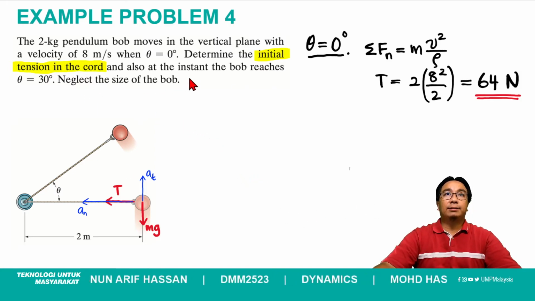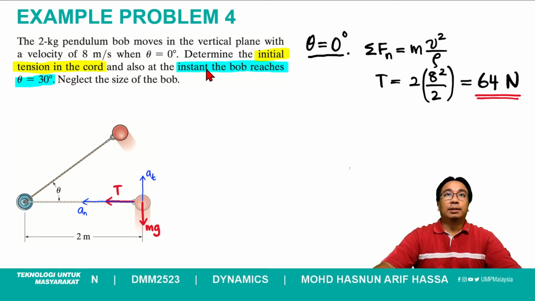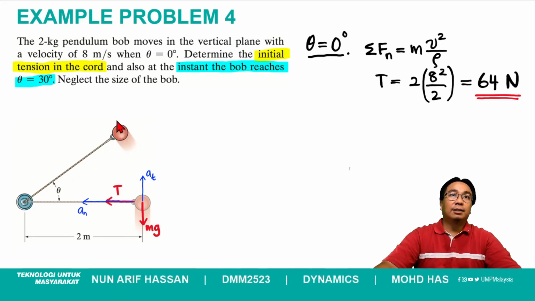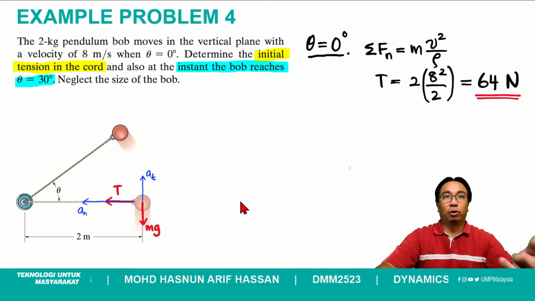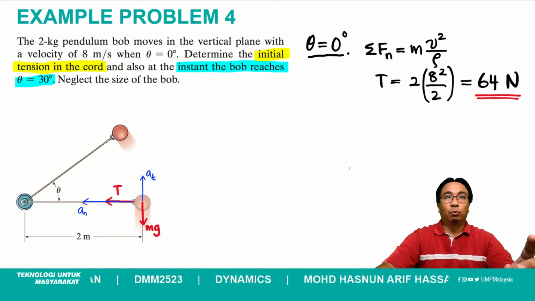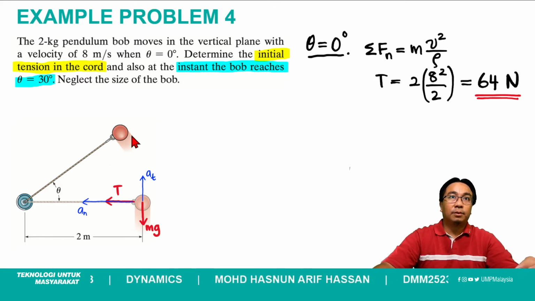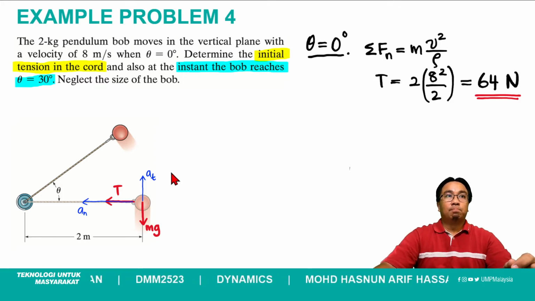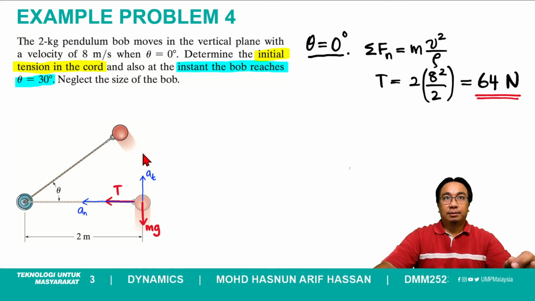Okay, let's go to the second problem. The instant the bob reaches theta equals 30 degrees, we also want to find the tension when the bob is in this position. This is a new position, so we need to draw a new free body diagram. In which direction is the weight acting now? Downward.